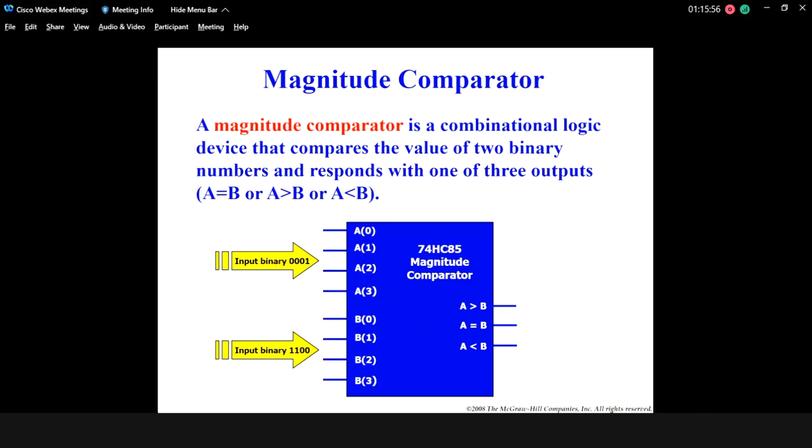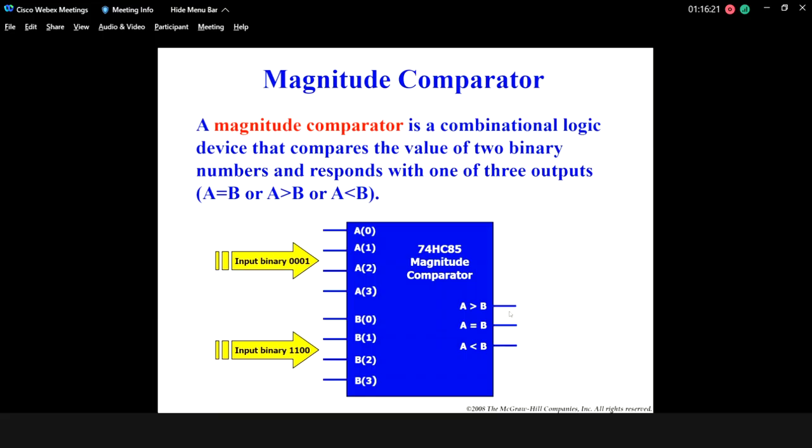So this one is the magnitude comparator. For the magnitude comparator, you have two binary inputs, from A and from B. The function of the magnitude comparator is it just gives the output which one is high, whether the binary value of A is higher than B, or it is the same, or it is lower.